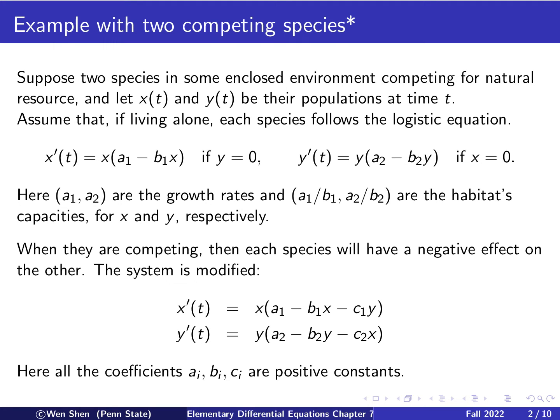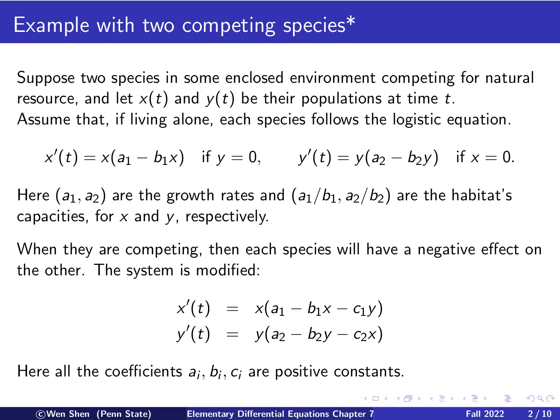And now consider that the two species are competing, then each one will have a negative effect on the other. And then we modify the system into the following. So for the equation for x, we add a negative term. The growth rate will decrease if y is present. And how much it decreases is proportional to the y population density times a constant c1.